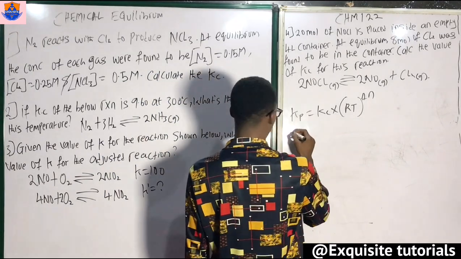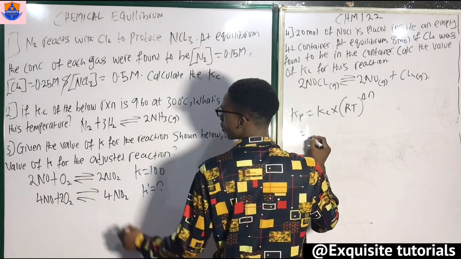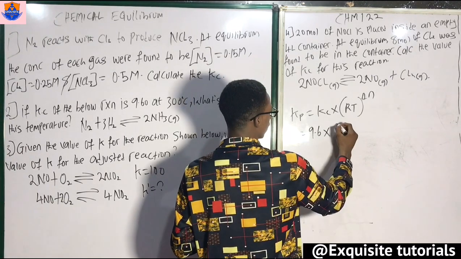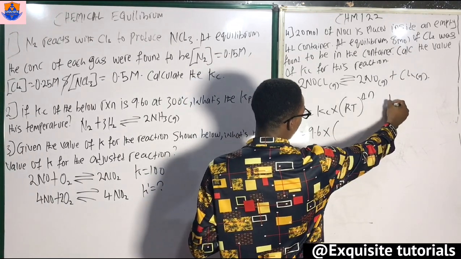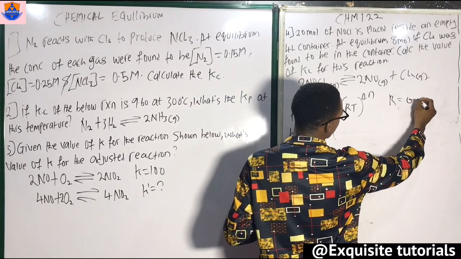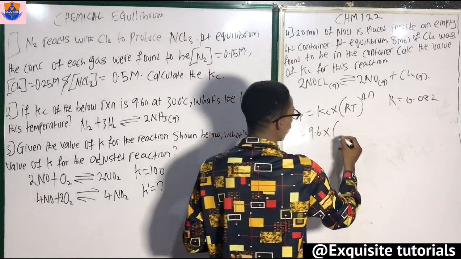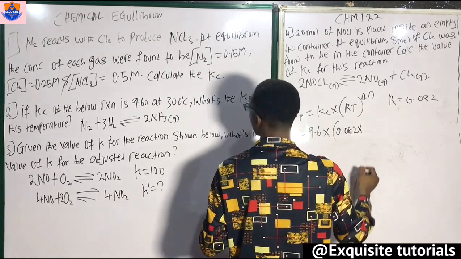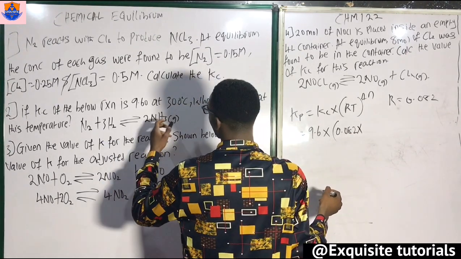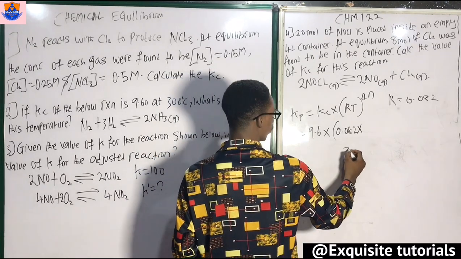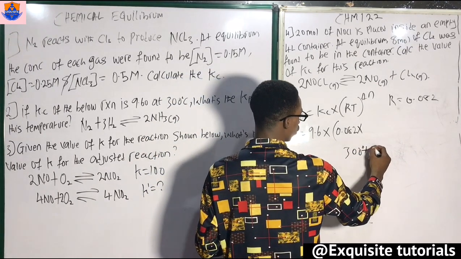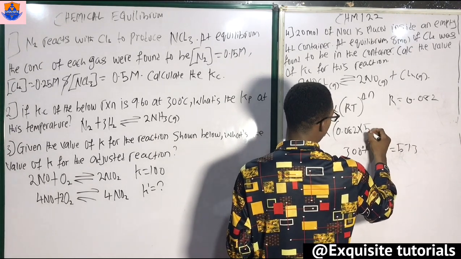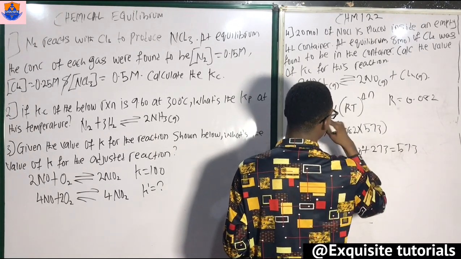So now we have Kp is equal to Kc, which was 9.6, times RT. R is a constant which we all know to be 0.082, times the temperature. Temperature is 300 degrees Celsius plus 273, that is 573. So we have it to be 573, raised to the power change in mole.